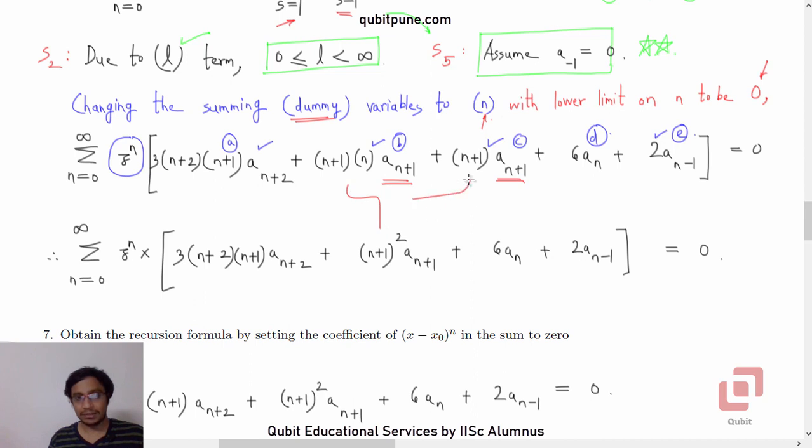So you may combine these two terms as n plus 1 the whole squared into a n plus 1. And now apply the term wise manipulation theorem. If you have two power series which are identical to each other, then all the coefficients must be equal.